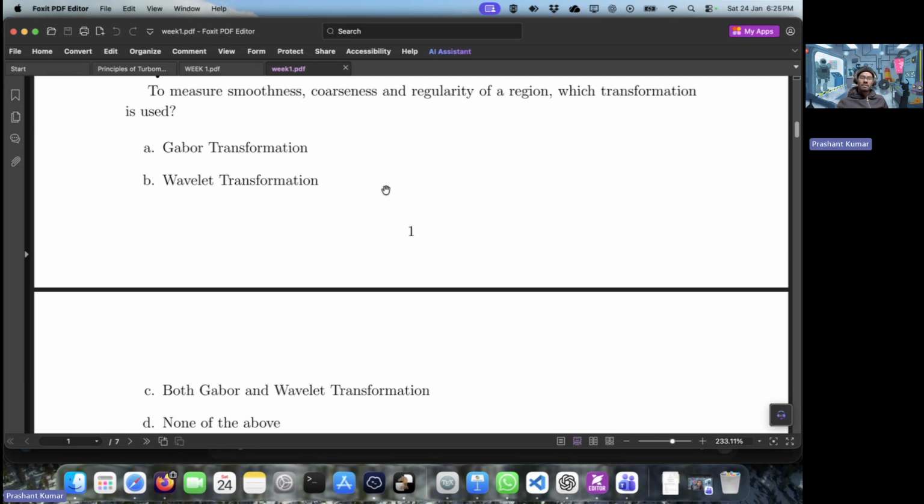If you change the window size and still have a similar frequency in each window, then you can say the region is very regular. Then you have the Gabor transformation, where you check the different kinds of co-occurrence, so you are using both to check the smoothness of this picture, right?